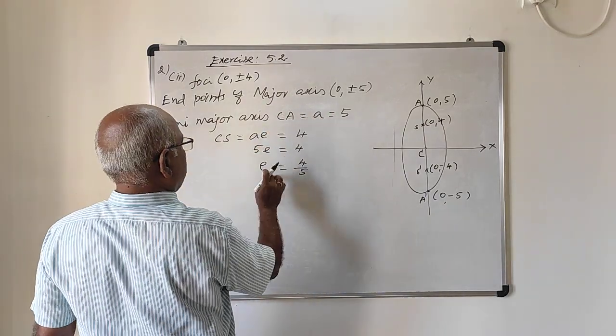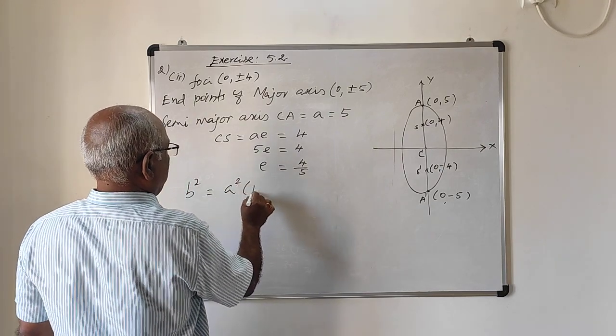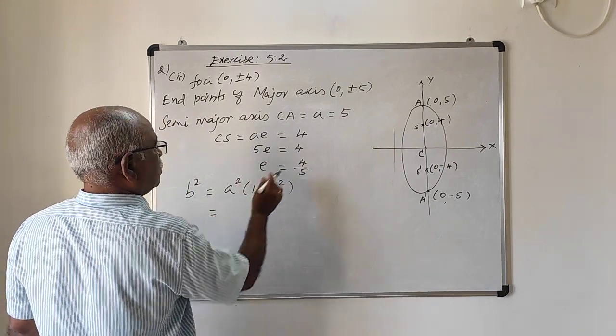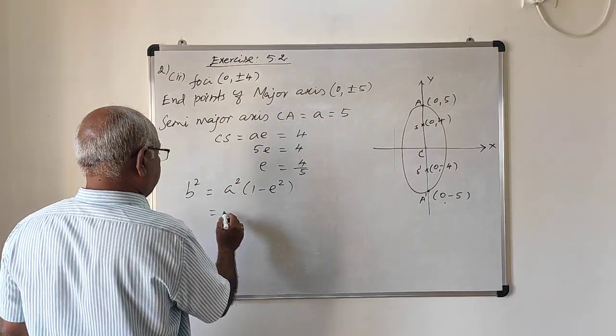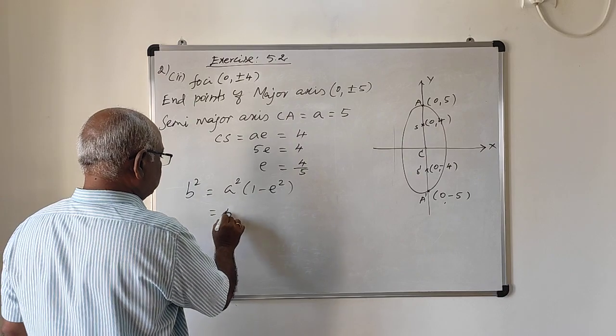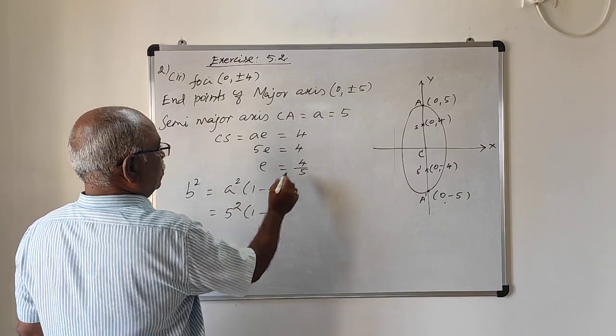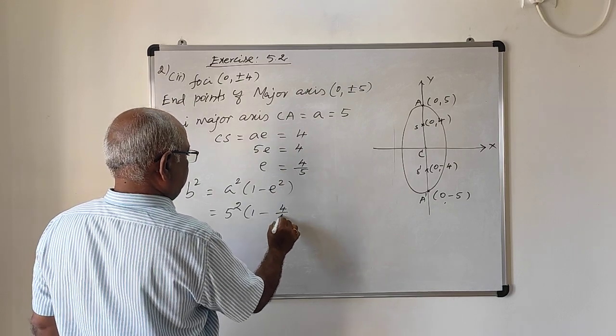So A you know, E you know, therefore from this we can determine B square equal to A square into 1 minus E square. A square is 5 square, that is 25, into 1 minus E square, which is 4 by 5 square.